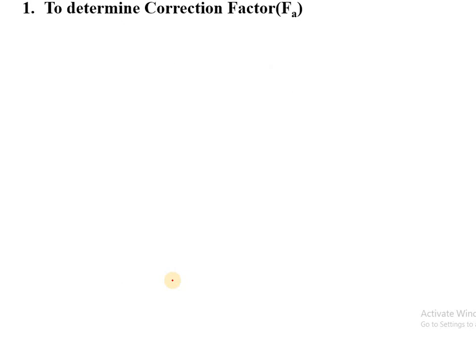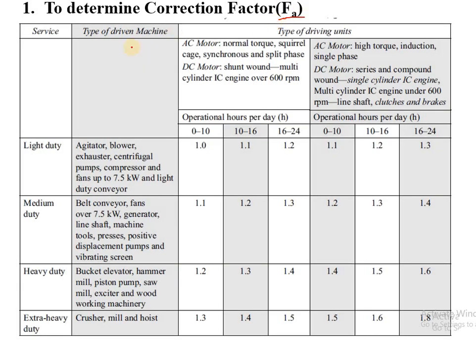So as per video number 6, we have seen the design procedure. In that, the first step is to determine the correction factor, which is given by FA. Now this correction factor depends on type of driving machine, type of driving unit and operational hours per day.